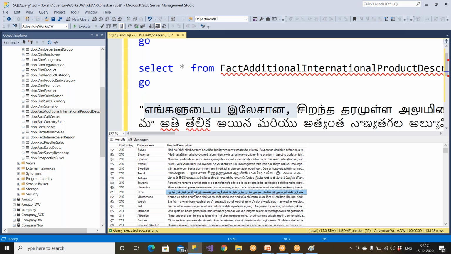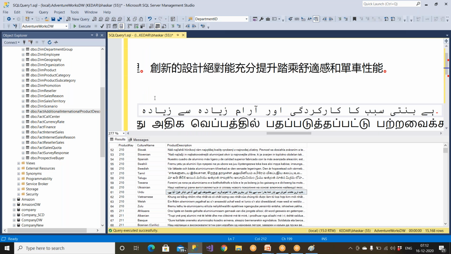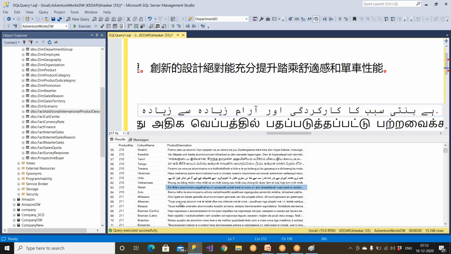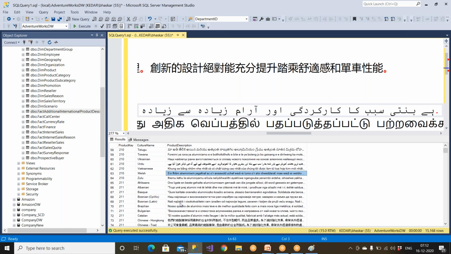You can see this is Urdu. It looks like Farsi only. So you can store. I was in Dubai for some time, doing a project for Dubai Mall. They had a lot of data, but not in English, completely in Urdu and Arabic. So you can see Arabic data as well.